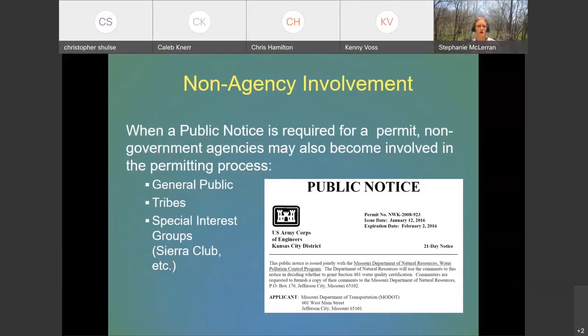So when that happens, we see those comments when they come in, and we're required to respond to them. And that process is one of the things that adds time to obtaining an individual permit. One of the things that makes it take longer.